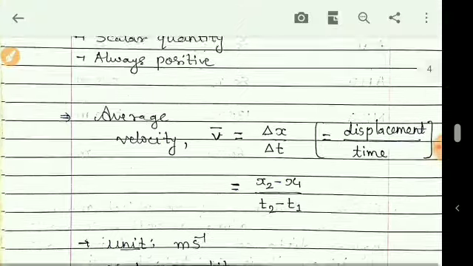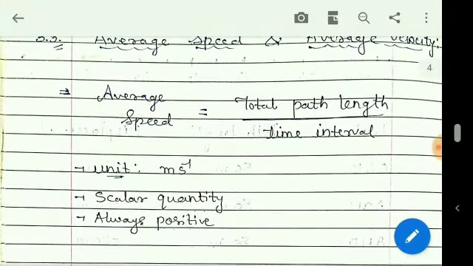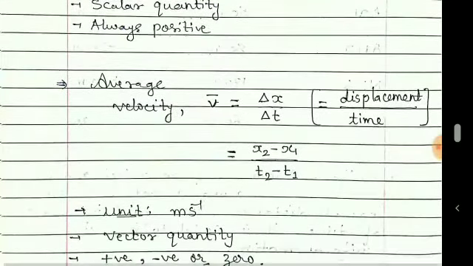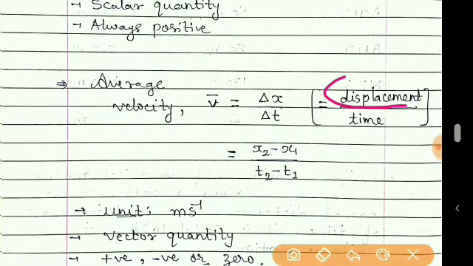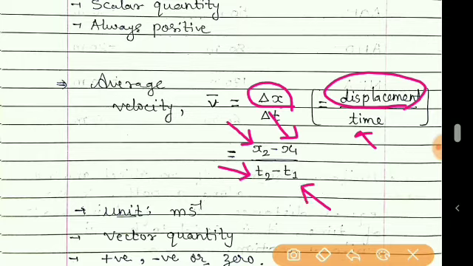We have seen that in average speed it was the total path length, but in velocity it is displacement upon time. Whenever displacement is considered, we have to use the final position minus initial position, and so here also final time minus initial time.